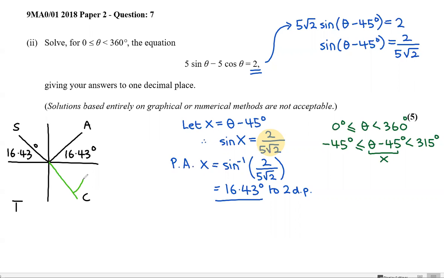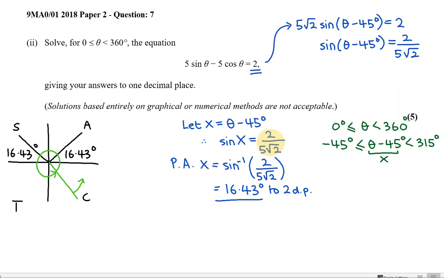So it starts there and goes back round until you get back to the 315. It's not going to affect the angles we're dealing with because they're in the first two quadrants, okay? But it sometimes can affect it. It may capture an extra angle or remove an extra angle depending on what your principal angle is. So just be aware of that.